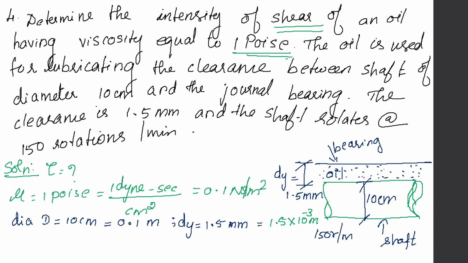Now, you need to find the tangential speed of the shaft. See, rotation per minute is given. You have to find the speed per second. So the tangential speed of shaft is u.